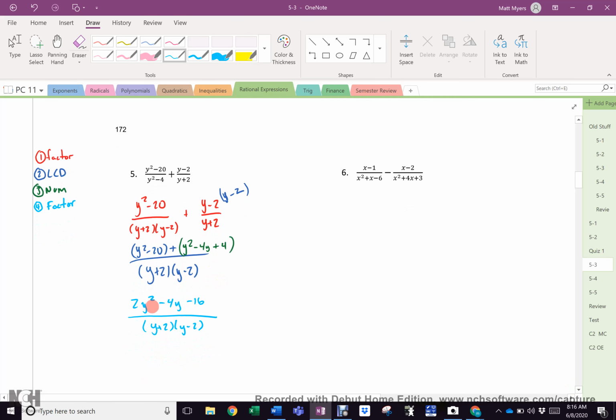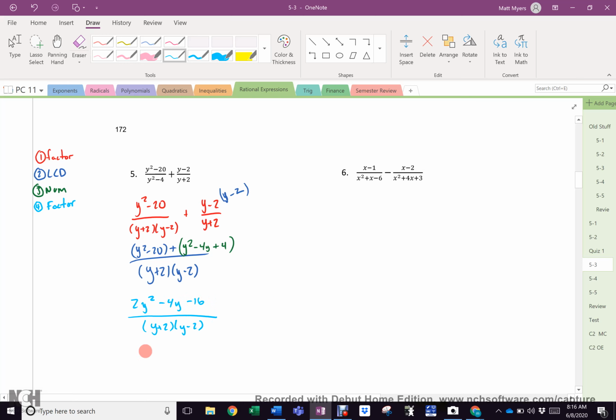And then, of course, this factors to, if I were to factor that out, it's going to be 32, so it's got to be 4 minus 8, so I'd have 2y minus 2y plus 4, and oops, sorry.